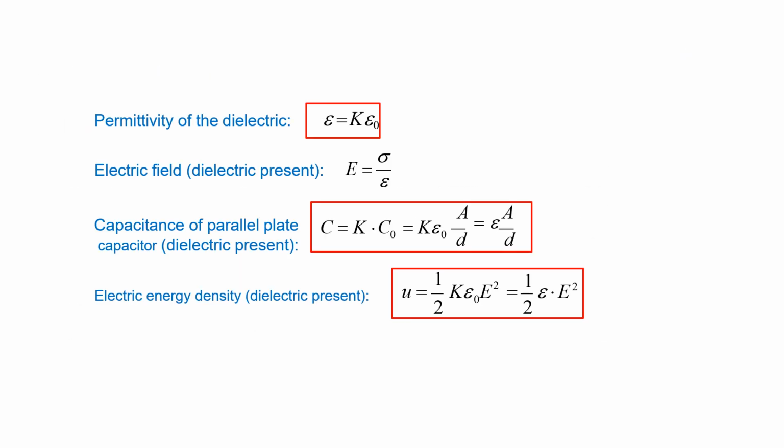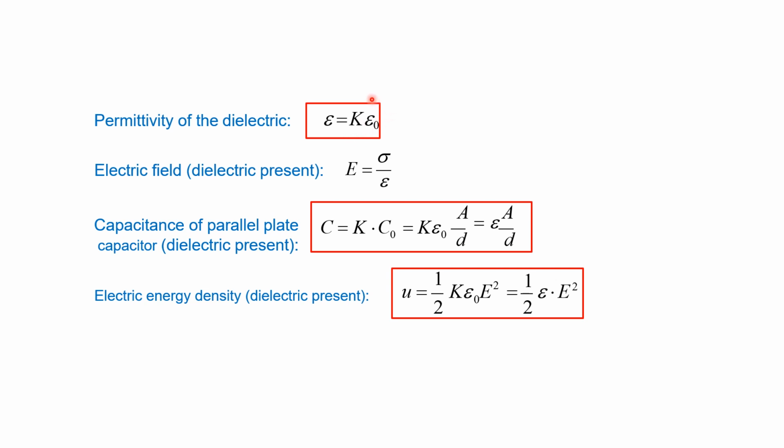Now, if you're already inserting a dielectric material, then we are no longer going to use the permittivity of free space, because it's no longer vacuum. We will use the permittivity of your dielectric. The permittivity of your dielectric, epsilon, is equal to K times epsilon naught.